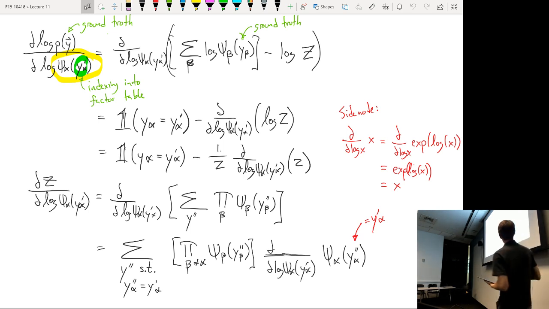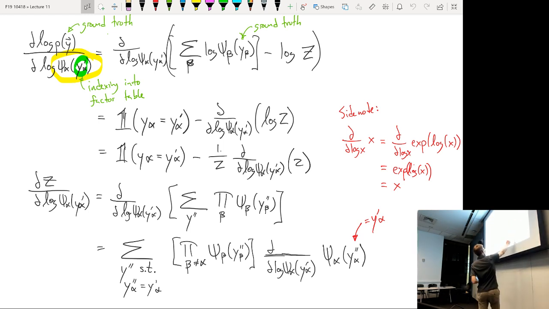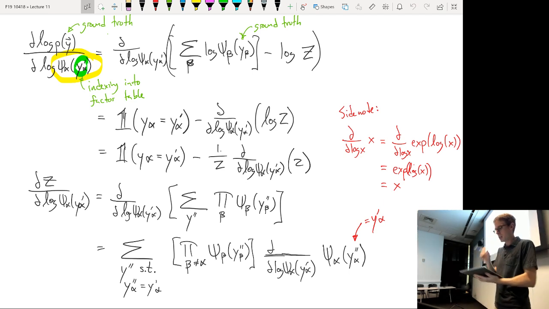So what that means is that this derivative allows us to fold this term right back into our summation. So this whole derivative term is just psi alpha of y prime prime alpha, or psi alpha of y prime alpha, since they're equal.